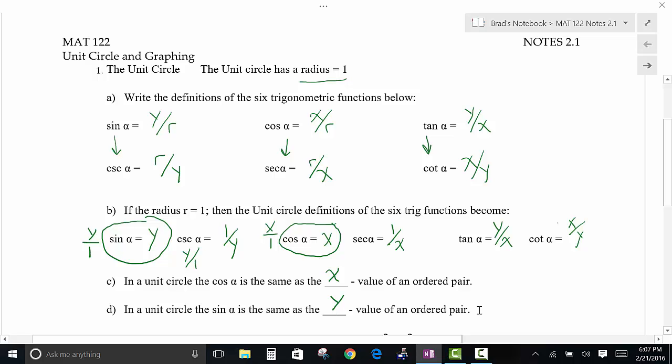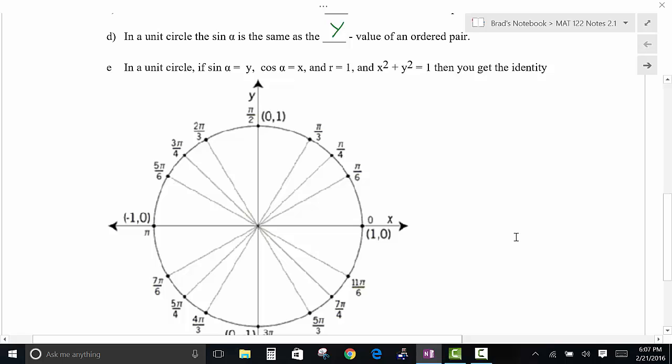Okay, so we're going to begin to look at a little bit of the unit circle. A couple of things that I also want to show you: in a unit circle the radius is 1, so I'll use this as an example. I'm going to make a right triangle out of this. This would be the x value of that point.